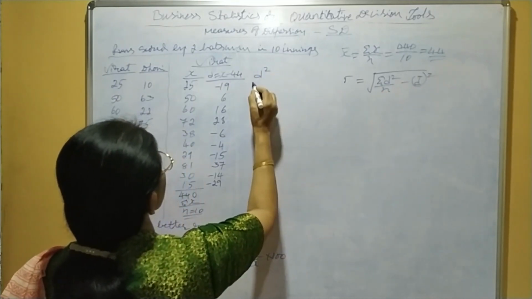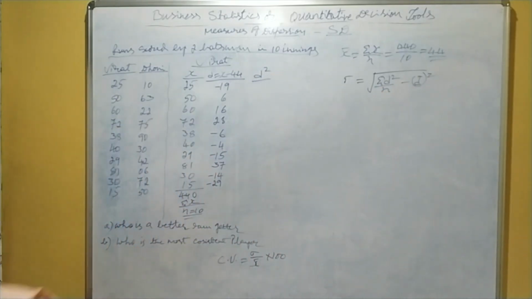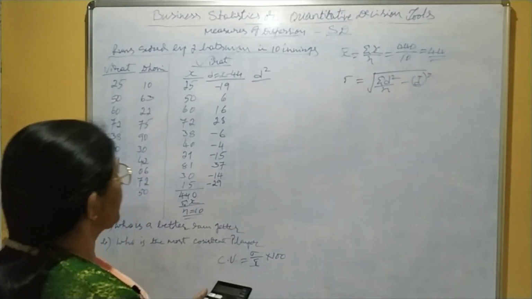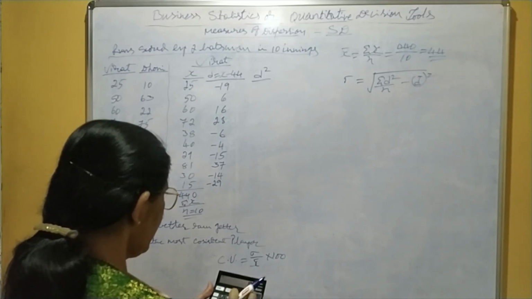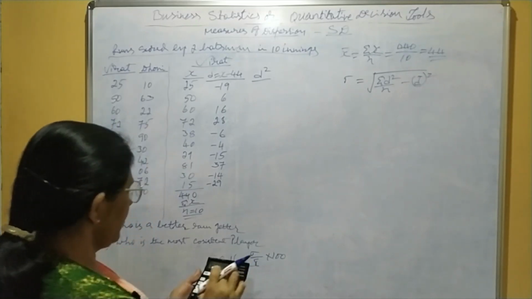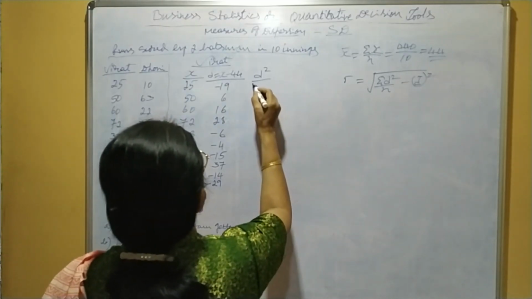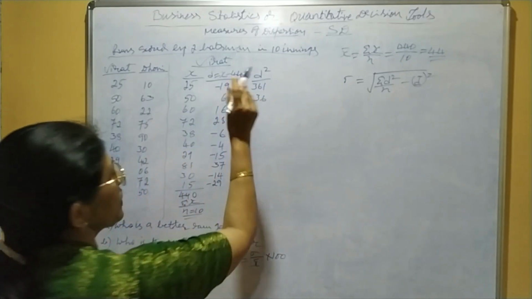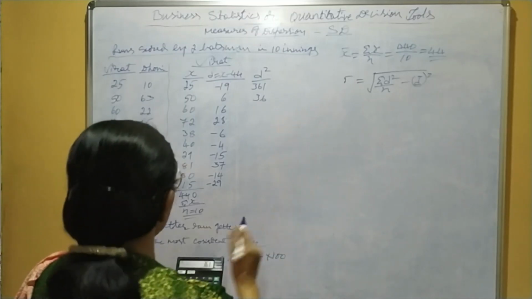Here take d square. D square means d into d. 19 into 19, 361. 6 into 6, here minus into minus will become plus, 36.